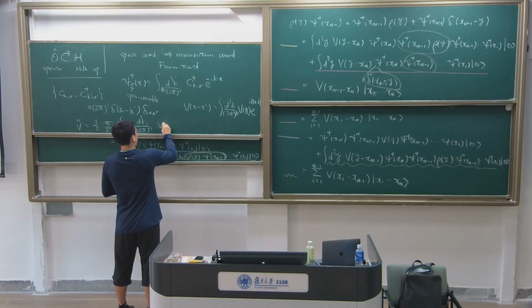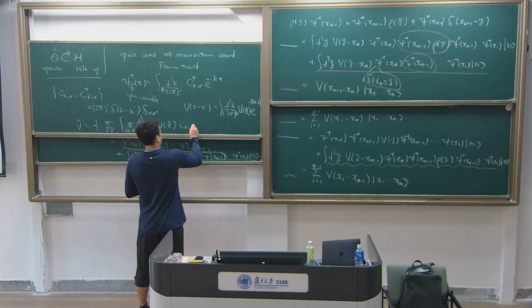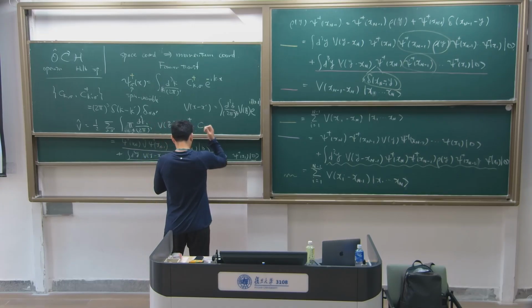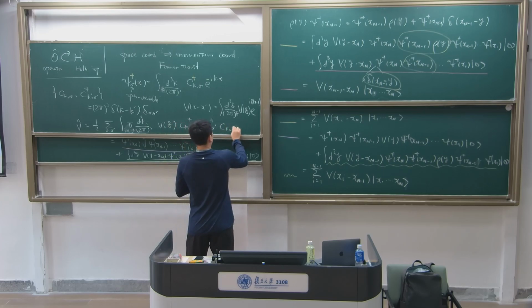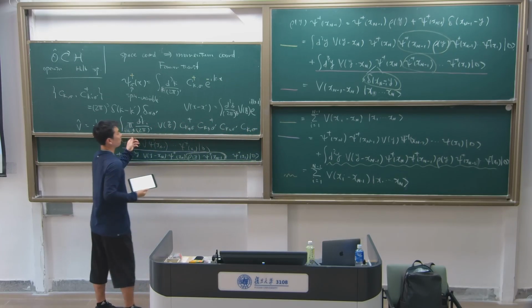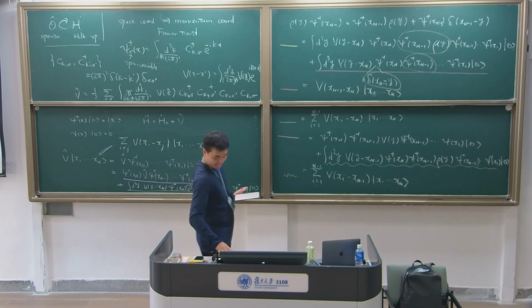And then you have b of q, and then c dagger k1 sigma, c dagger k4 sigma prime, c k2 sigma prime, and c k1 sigma. Okay. So that's the Fourier transform of B hat.